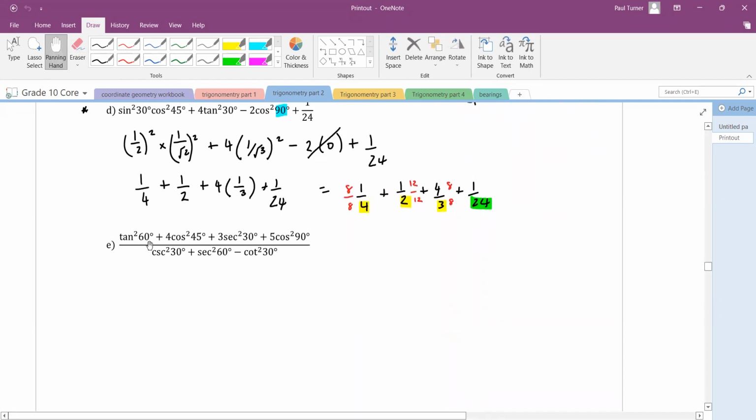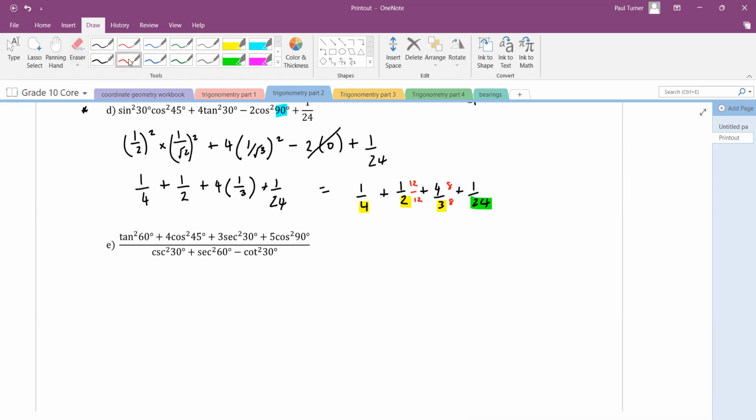I think we'll leave E because it's quite long. We'll do a simpler one. So, okay, that's going to be incorrect. So always look for errors.